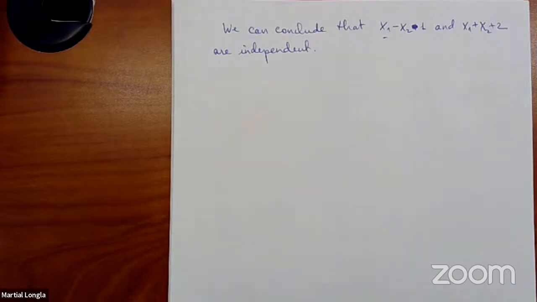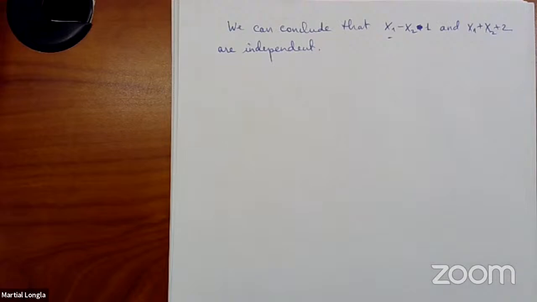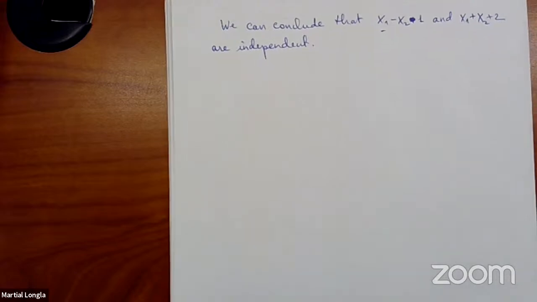Now my question is, why can I conclude from this that x1 minus x2 and x1 plus x2 are also independent? Just take the constants off. What? Can you just take the constants off? The question is, why will it be okay to do so?